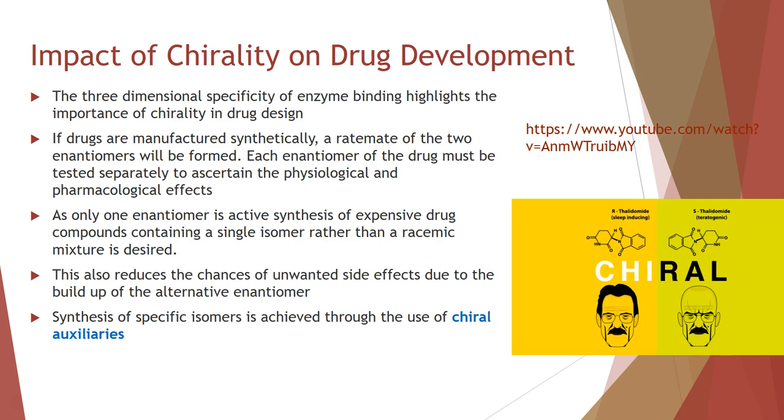If one enantiomer is active and it's expensive, then it can drive up the price, especially if we have to deliver it as a single isomer rather than the racemic mixture.